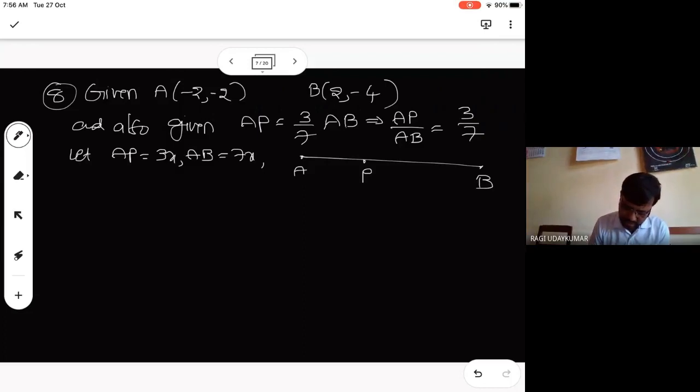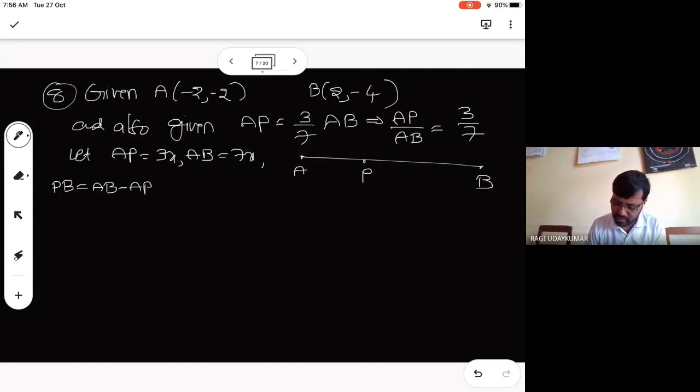PB is equal to AB minus AP. So from the total, I am subtracting this length. So what do you get? Which is equal to 7x minus 3x.